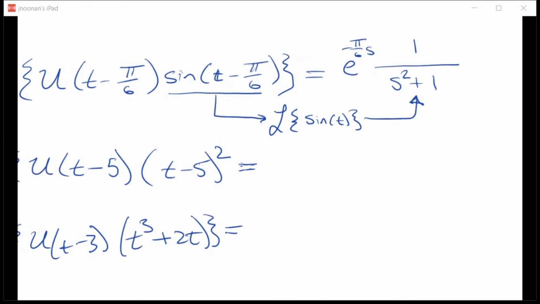So probably if you had this as a problem in your book, they would write it like this, e to the negative pi over 6s all over s squared plus 1. Just combine it as a single expression. What do you think, Peyton? Would there ever be a circumstance where it's e to the positive something s? I can't think of a situation where I've seen that.